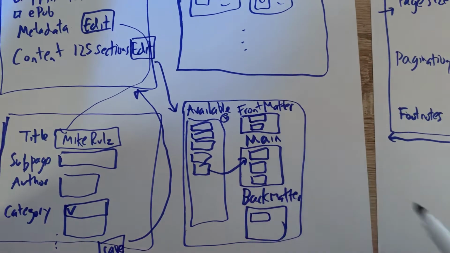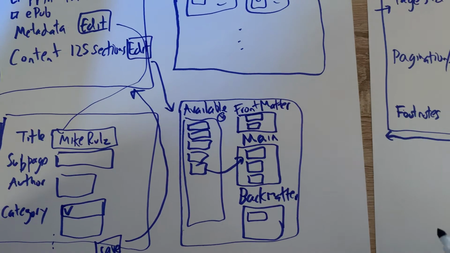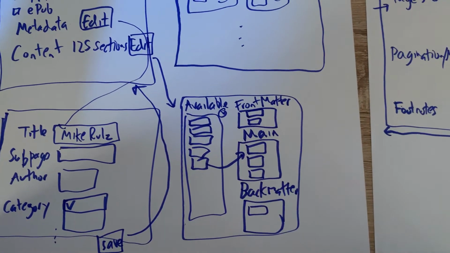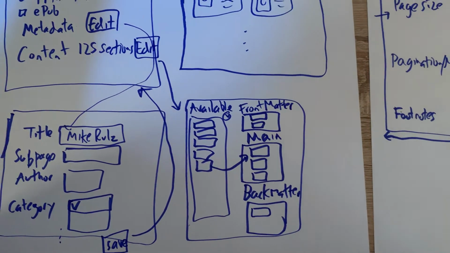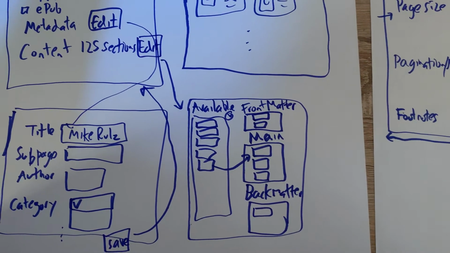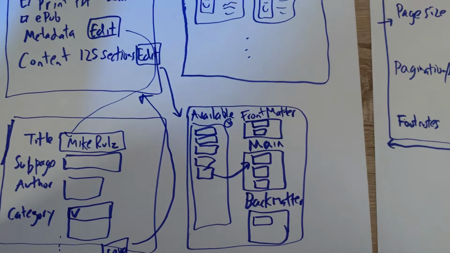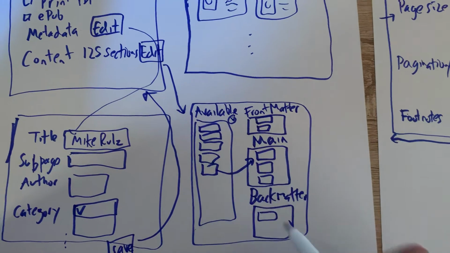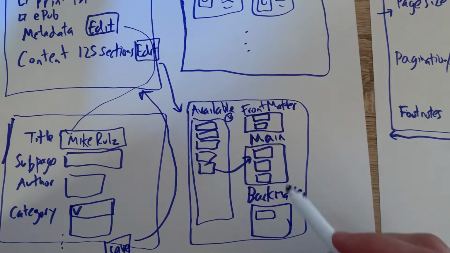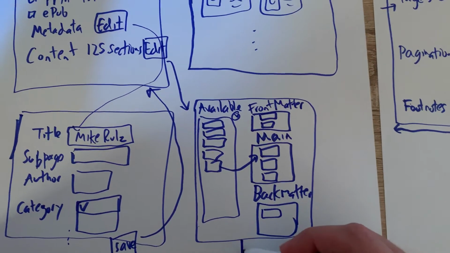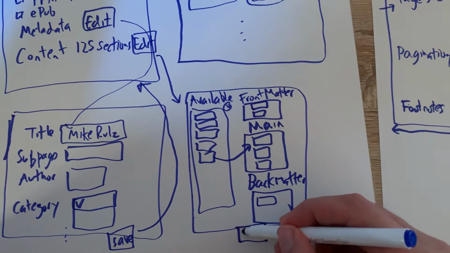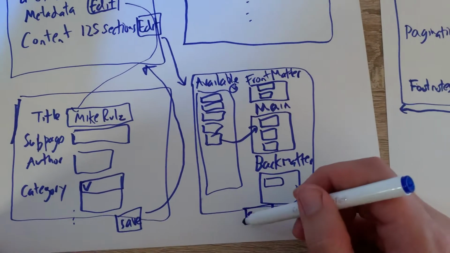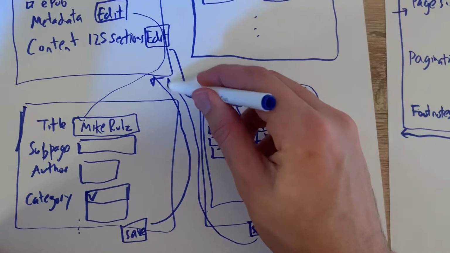Usually front matter is numbered differently with Roman numerals, whereas the main content is the regular numbers. Anyway, so you move those back and forth and you arrange your content as you like. And somewhere there will again be a save button, which you click and it brings you back here again.